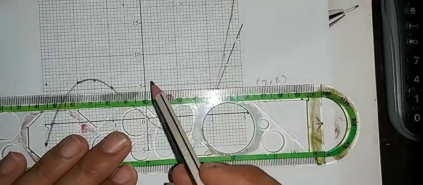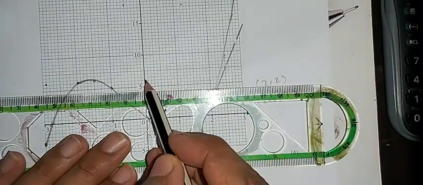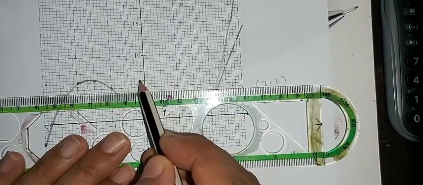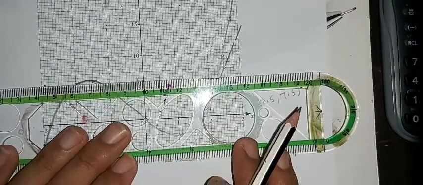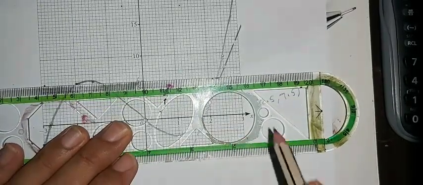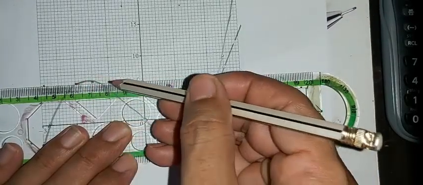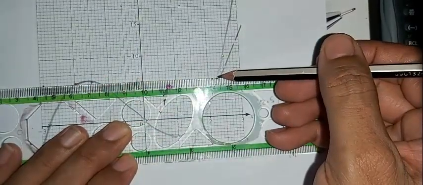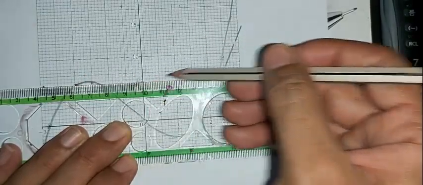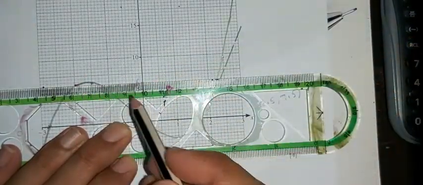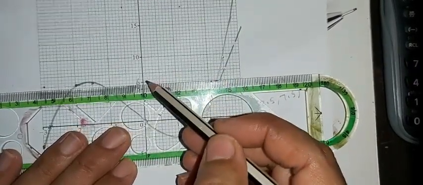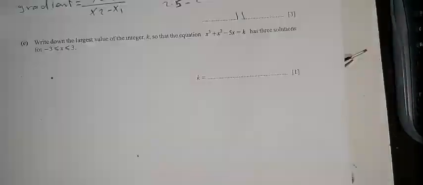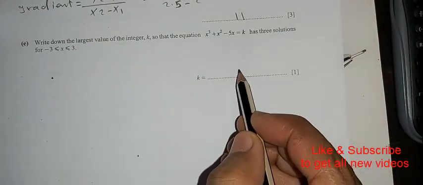You can find here this 5, this point here is 6. Okay, we will go to 6. We have here 1, 2 and 3 intersection points. So we can find that the largest value of k is 6.